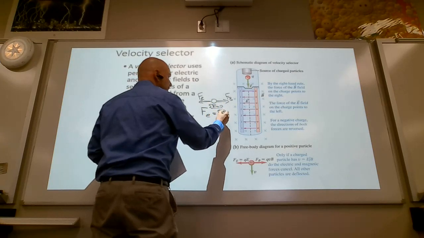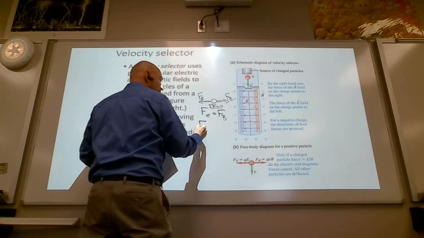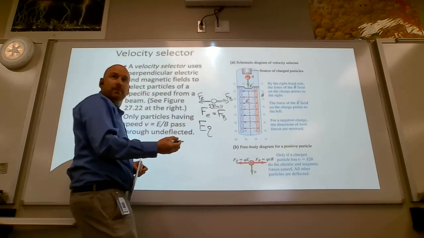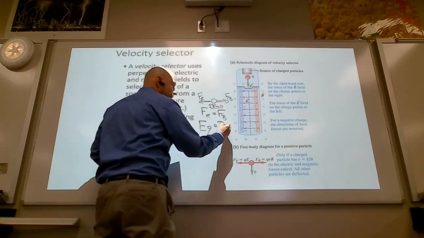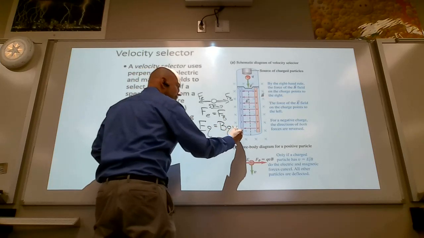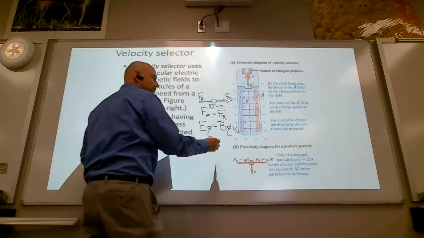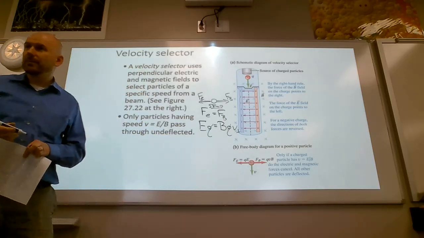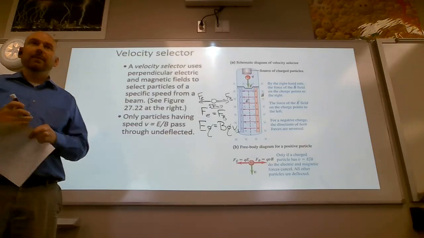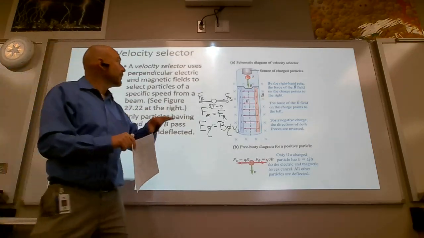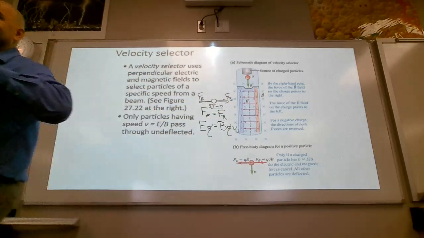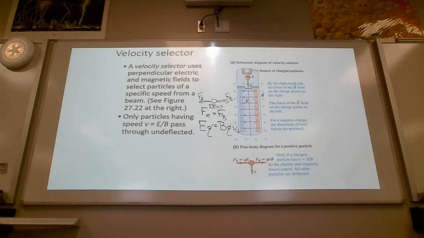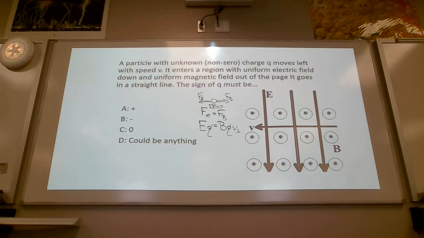So you have electric force equal to magnetic force. This is equal to electric field times the charge. This is equal to magnetic field times the charge times the velocity perpendicular. Charges go away. That scenario happens a lot in AP or introductory physics classes. It just does.